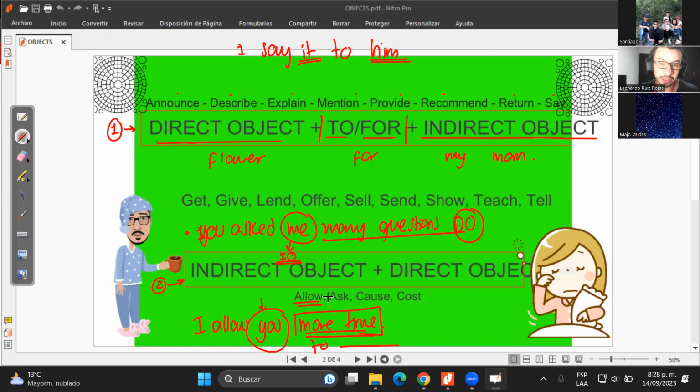So these verbs: allow, ask, cause, cost. It costs me a lot of money. It causes me a lot of pain, right? So it's going to have the structure of the indirect object, the person who receives them, and then the object with no preposition. Ready? And also we have others, which are going to be used in both structures.